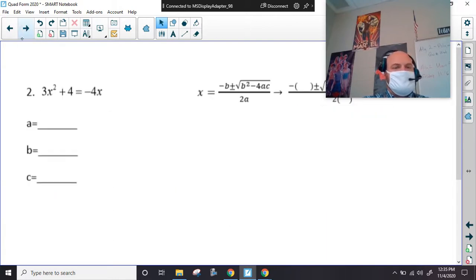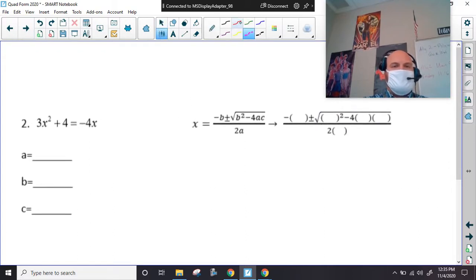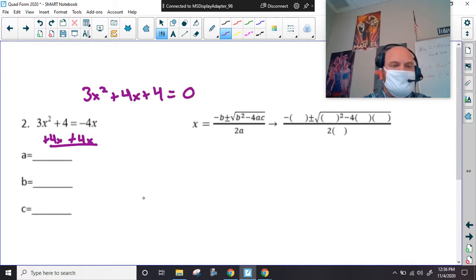So let's look at this one. First thing I need to do is move the 4x. So now we have 3x squared plus 4x plus 4 equals 0. All right, so a is 3, b is 4, and c is 4.